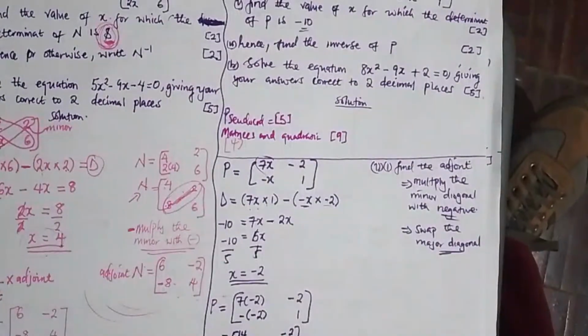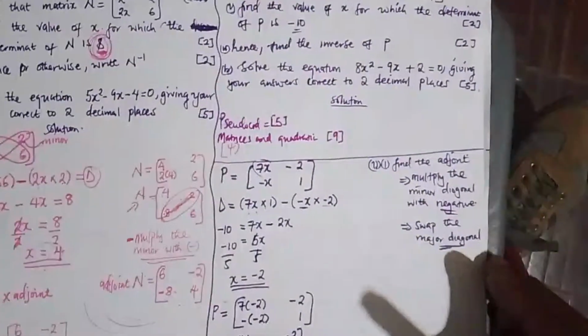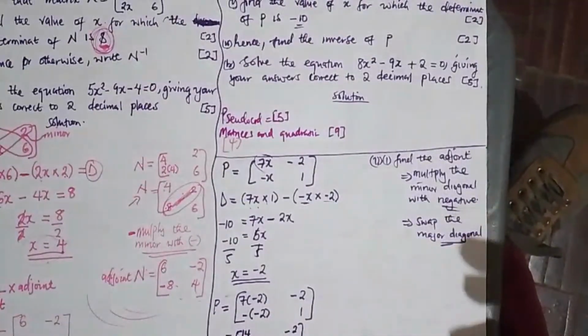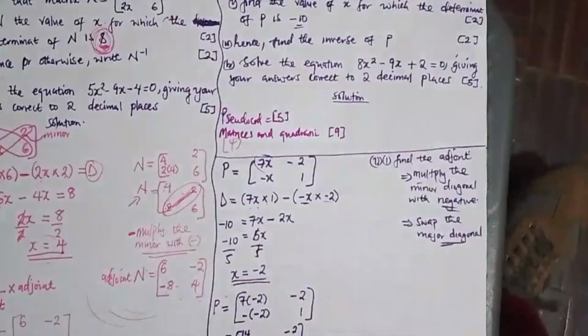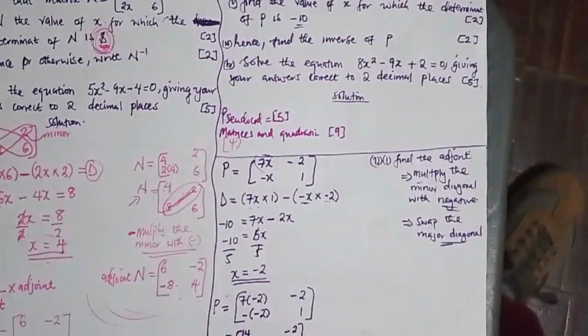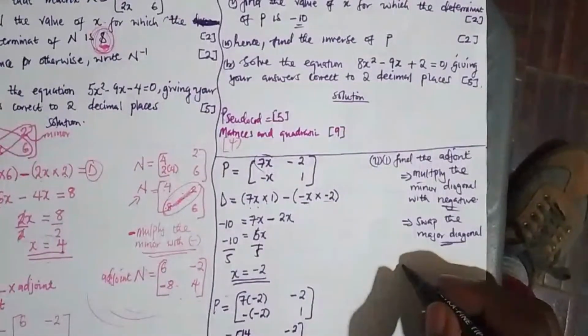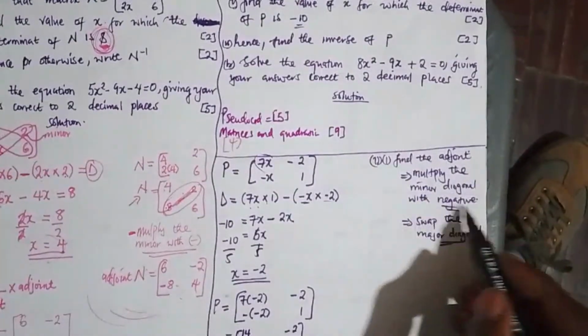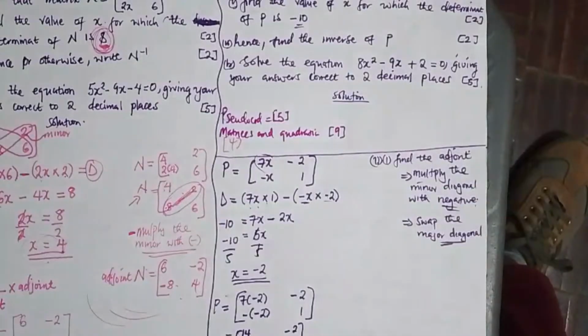So now moving on to our first step of calculating the adjoint. How can you calculate the adjoint? The way we calculate the adjoint is that you multiply the minor diagonal with a negative sign. So which one is our minor diagonal? Our minor diagonal is this one.